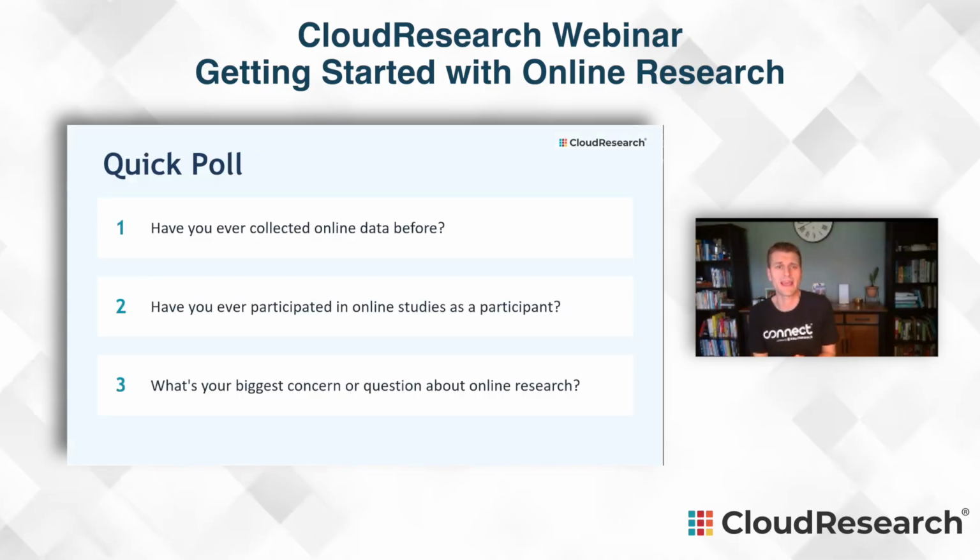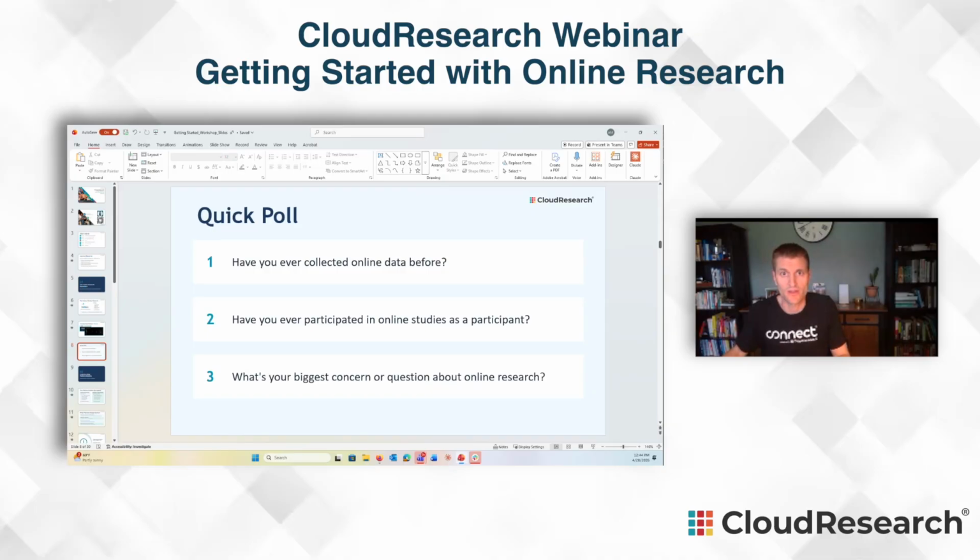Before we do, though, I want to ask a couple of questions to just help get a better sense of who's in the webinar today and people's level of experience with online research. So I'm going to present a couple of poll questions that should show up in the chat. And these are questions that you can answer just by clicking on either yes or no, again, within the chat section.